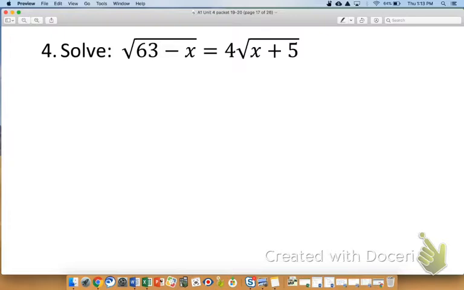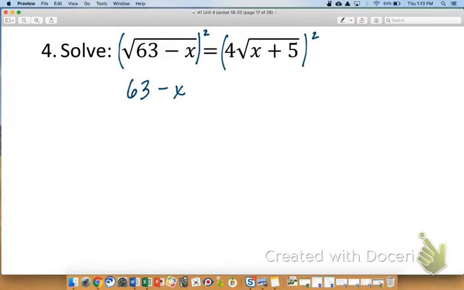Hey, guys, here we go. Walking around, your instincts are starting to get pretty good. A lot of folks, their first move was this, where they squared both sides. This is a very good instinct. This is the right move here. So when you square both sides, the left side is the easier of the two. It would just be 63 minus x, right? Because the squared and the square root would cancel out.